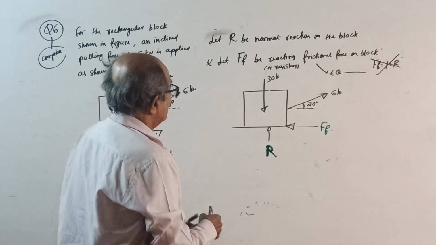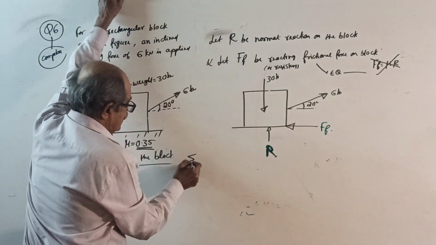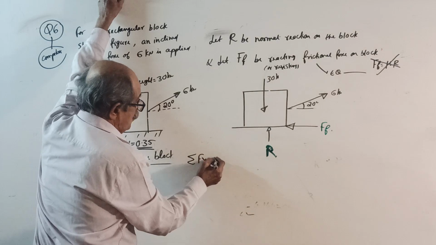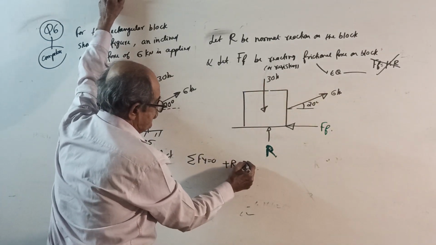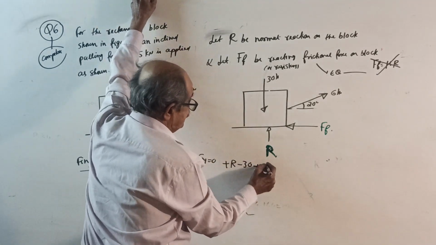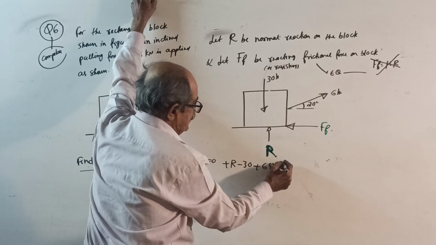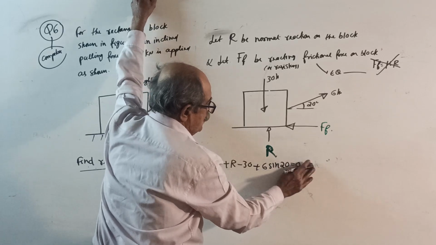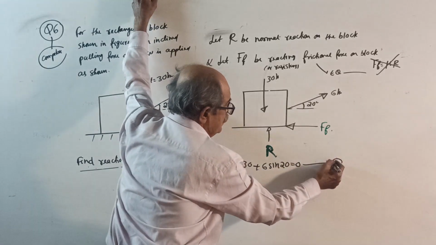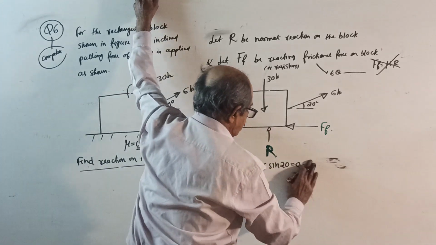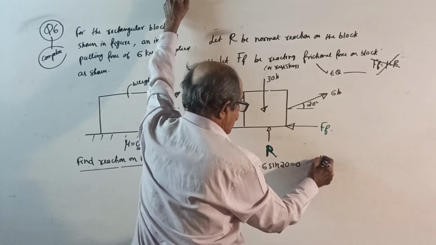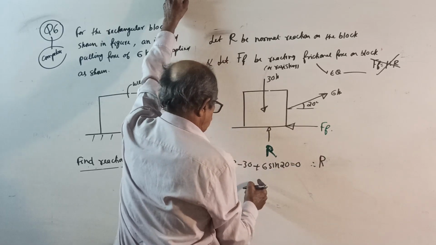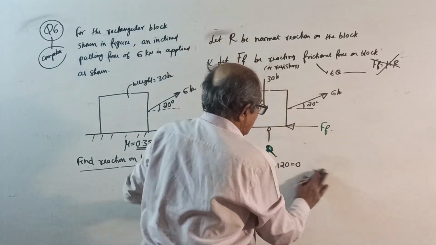So start. Sigma Fy equal to 0, what do you get? Plus R minus 30 plus 6 sine 20 equal to 0. You simplify it, and therefore you get the answer directly.